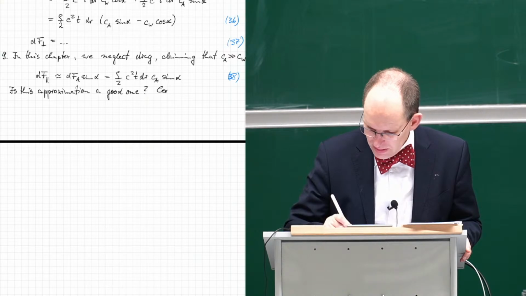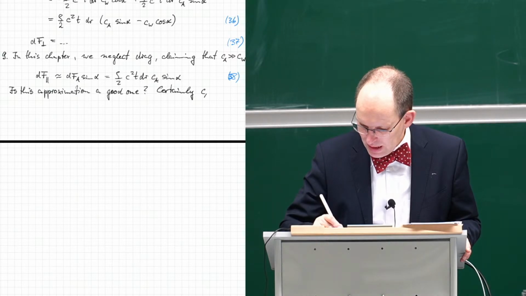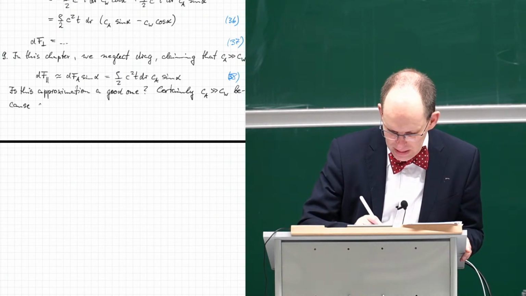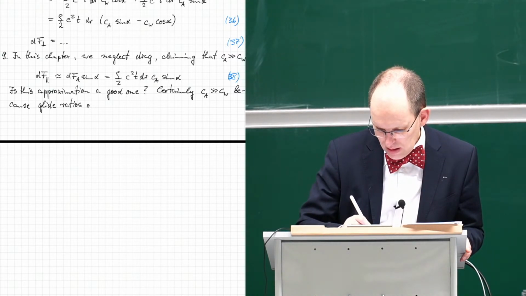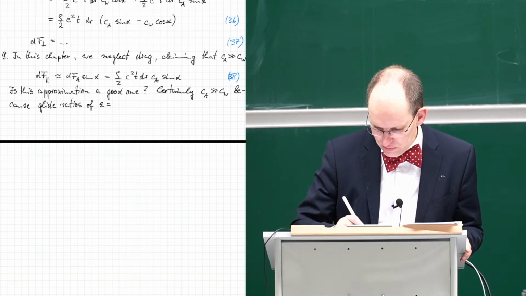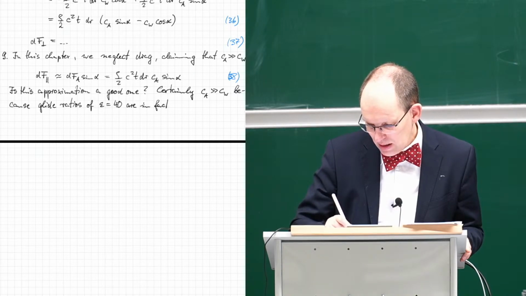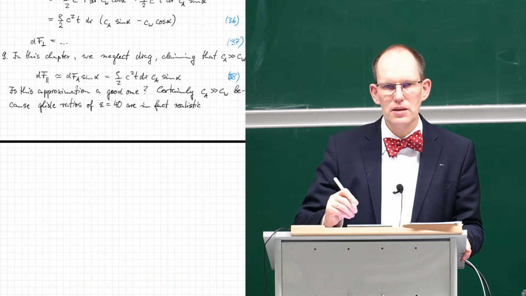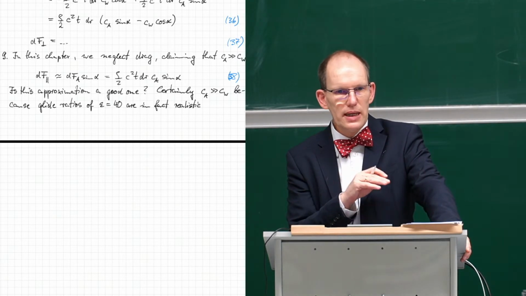So certainly, CA is much larger than CW because glide ratios of epsilon equal to 40 are in fact realistic. For a high performance glider plane, I think they go up to 60 or so.